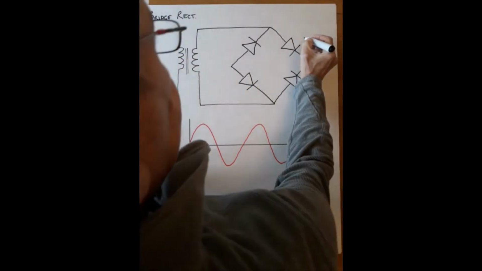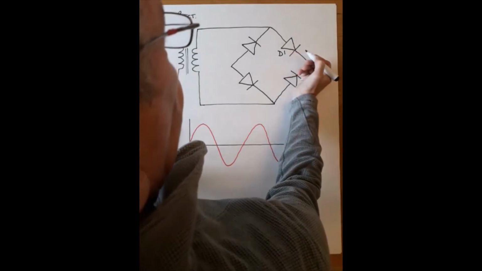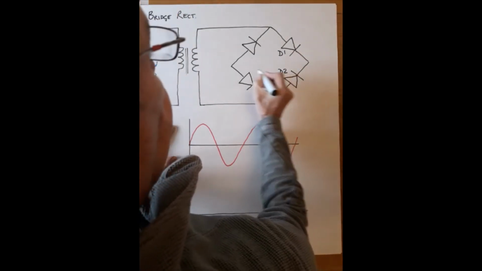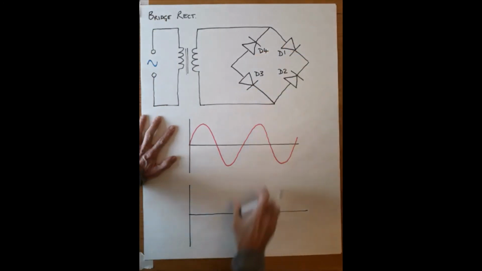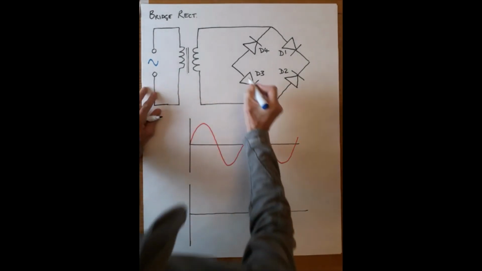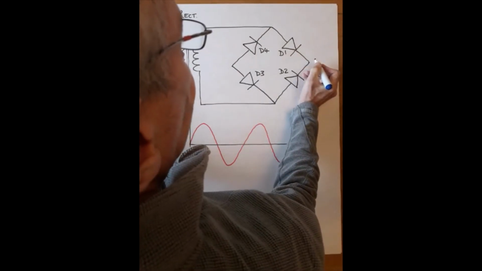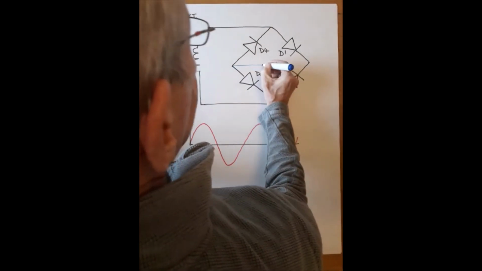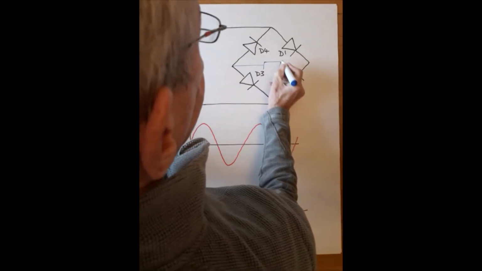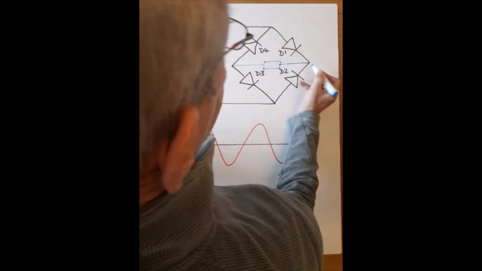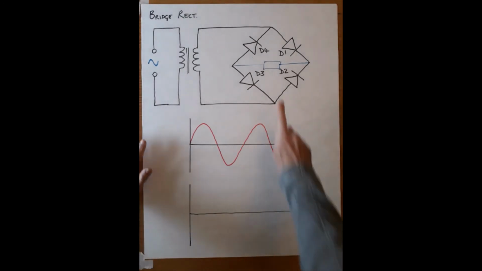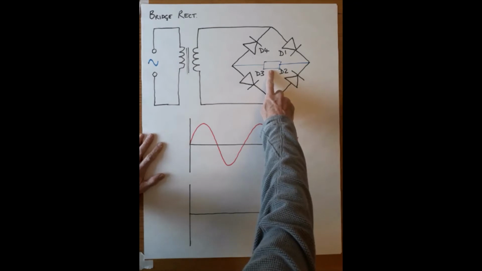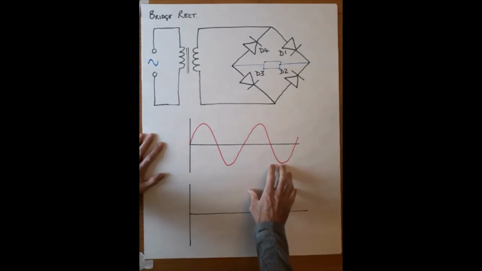Quickly label them up. I'm going to call this D1, D2, D3 and D4. So the load in our circuit is going to connect between these 2 points. I'll draw it as a resistor, like so. Remember, the aim of this is to get the current that goes through our load to be DC, direct current, only flowing through it in one direction.